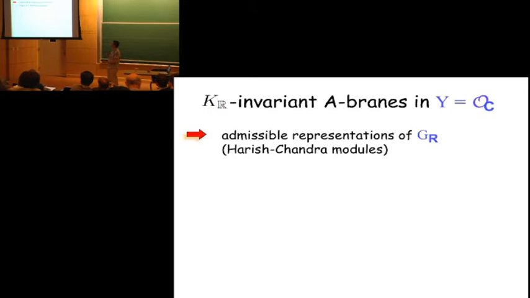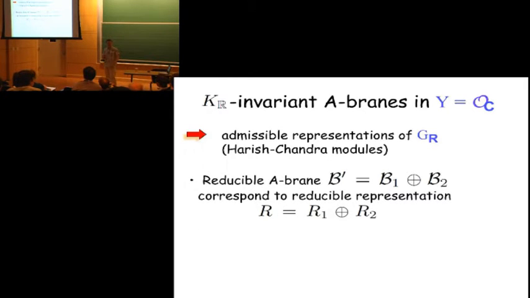So then the statement is that if you take the analogous orbit for some other complex group, which is the complexification of G_R, and ask for K_R invariant A-branes, you'll find exactly the same classification of Harish-Chandra modules or equivalently admissible representations as you would by algebraic methods.